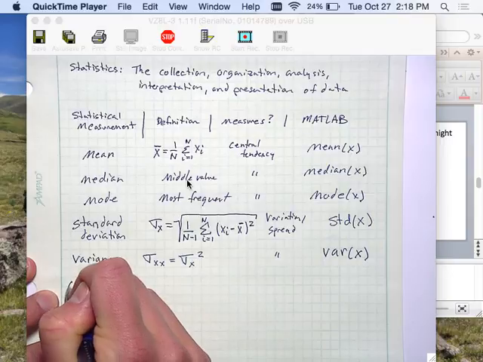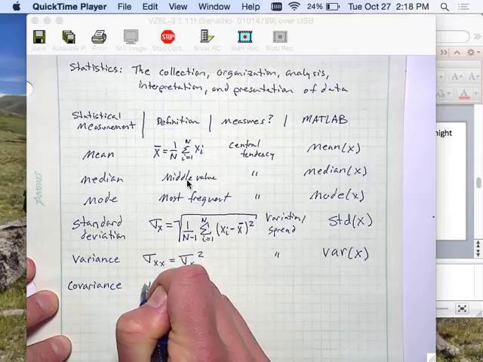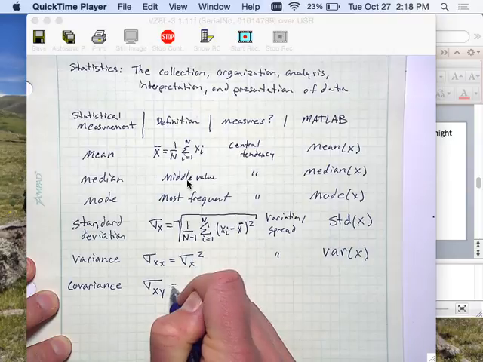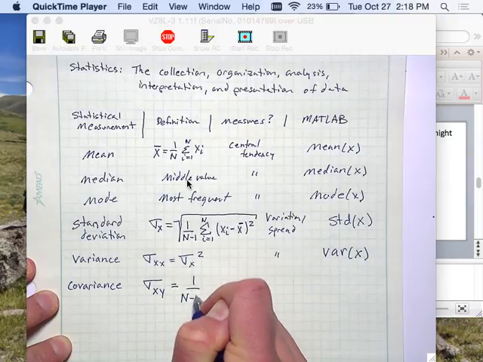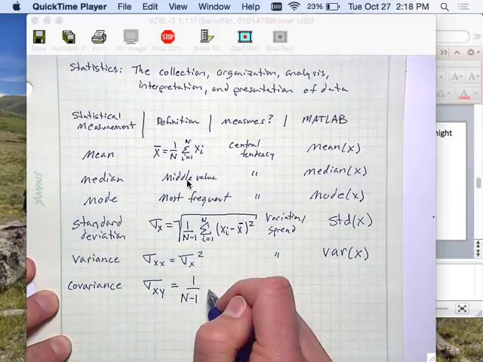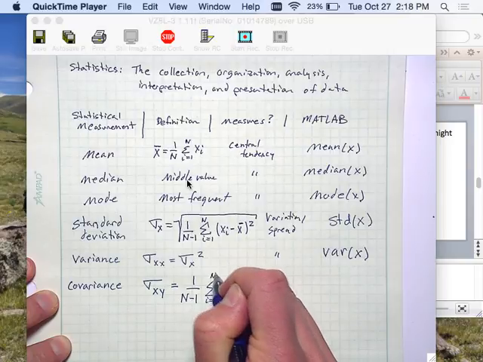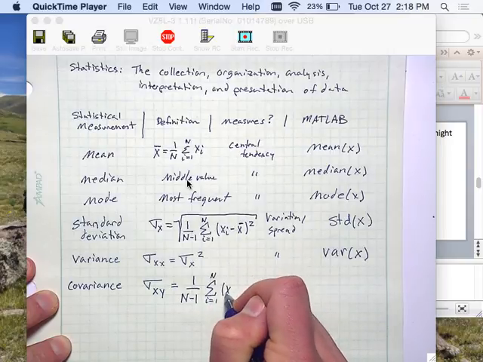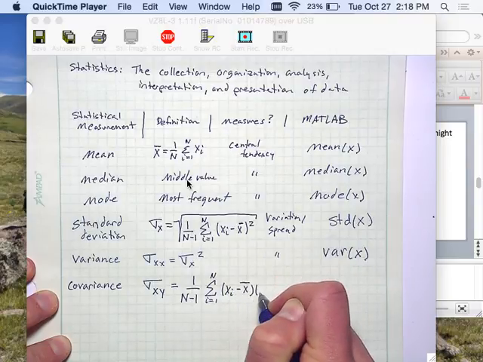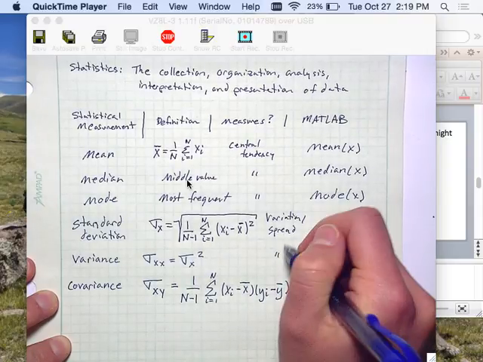And then we have the covariance. Sigma, those are sigmas. So what does this measure?